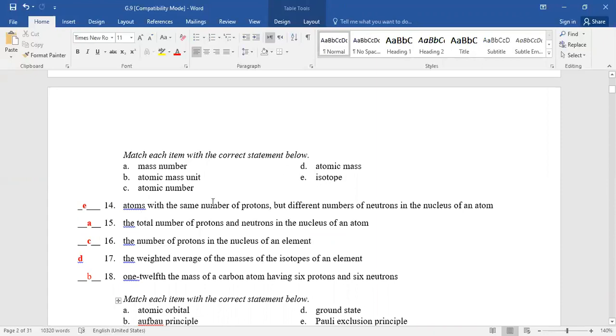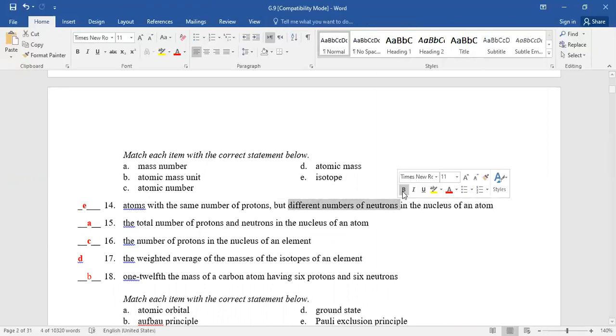Atoms with the same number of protons but different number of neutrons in the nucleus of an atom. We have two keys here to open up the answer: different number and same number.